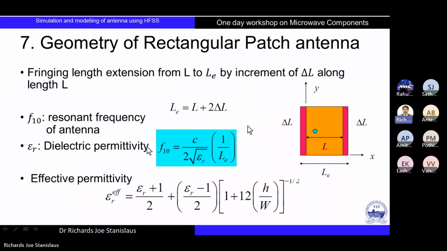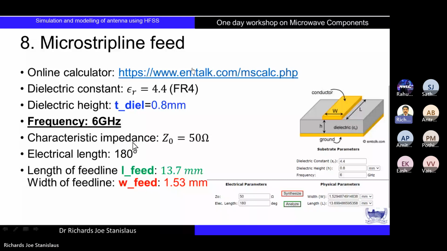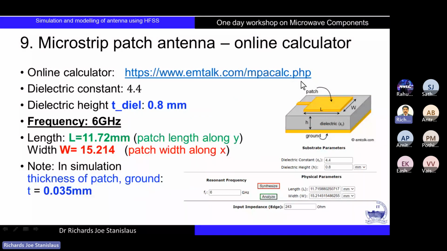The standard formulae are given here: the length, how it depends on the frequency, how the effective dielectric constant changes, and so on. If you want, you can also use this link, where we can calculate the microstrip patch antenna by giving the dielectric constant, the dielectric height, and the frequency at which we want to design.